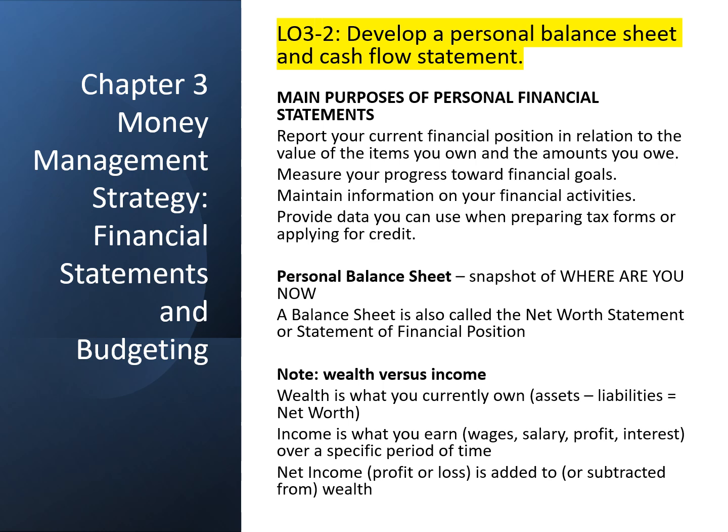A personal balance sheet is a snapshot of where you're at right now, meaning your assets and your liabilities, and whatever's left over is your net worth. A quick example: you purchased a home and the value of the home is $200,000. You put 20% down, so you own $40,000 of that $200,000 home.